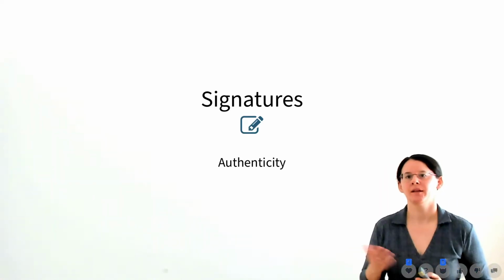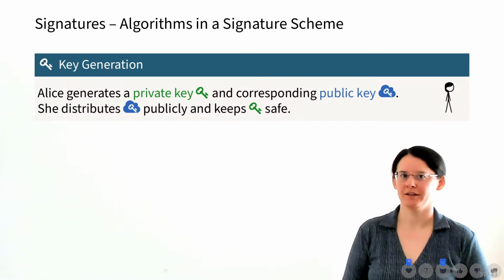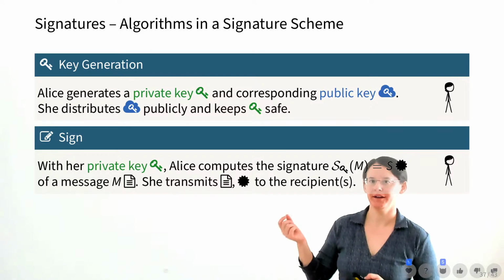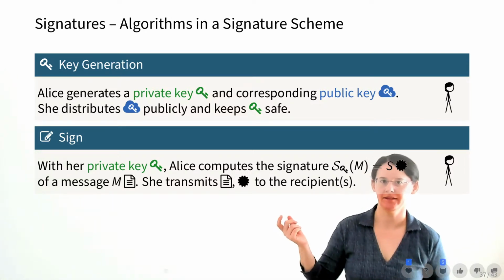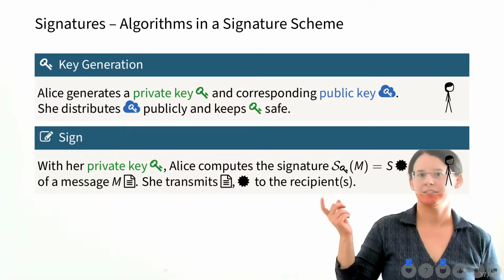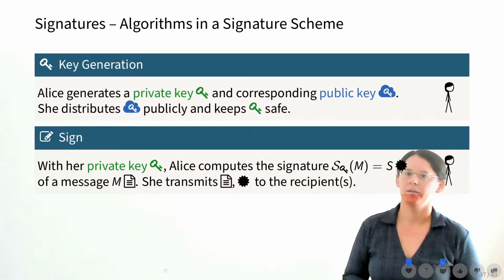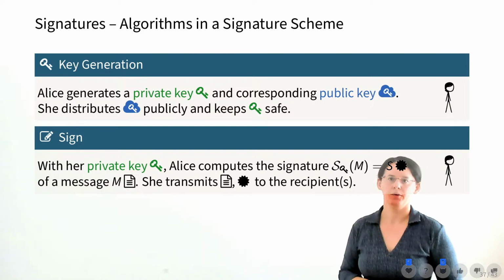Okay, so let's have a look at signature schemes. So what do they try to achieve? We also are going to generate a public and a private key. And we are again going to have two algorithms. One needs the private key, that's the signing. So Alice can sign any message by computing a signature and transmitting the signature together with the message.